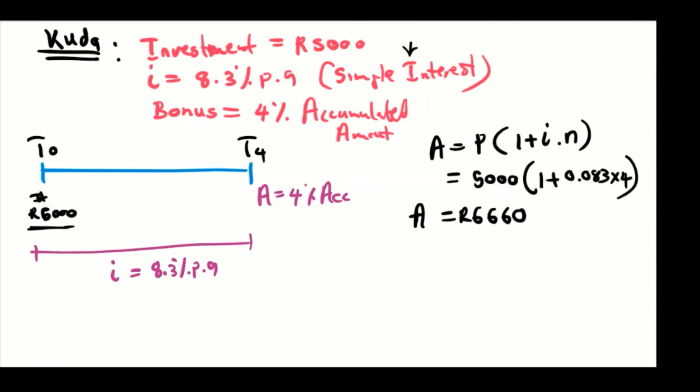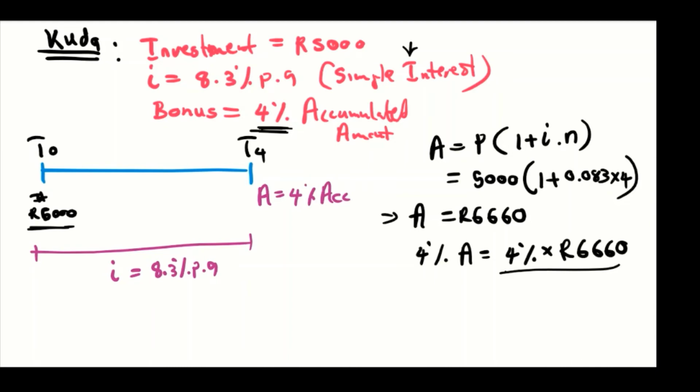But remember that there's a bonus of 4%. So what is 4% of this amount? You can say 4% multiplied by the amount of 6660. You add this bonus to the original amount to get the actual amount.